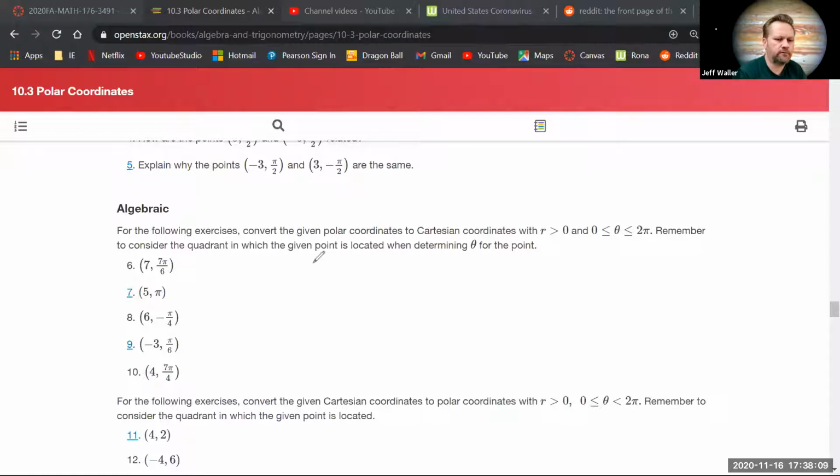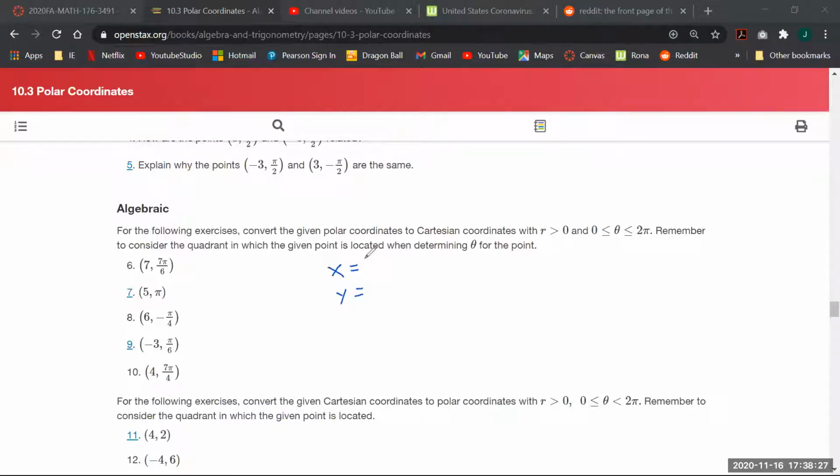Do you guys remember? These hopefully are two of the easiest things to remember. What are x and y in terms of polar coordinates? X is the radius and y is the angle.